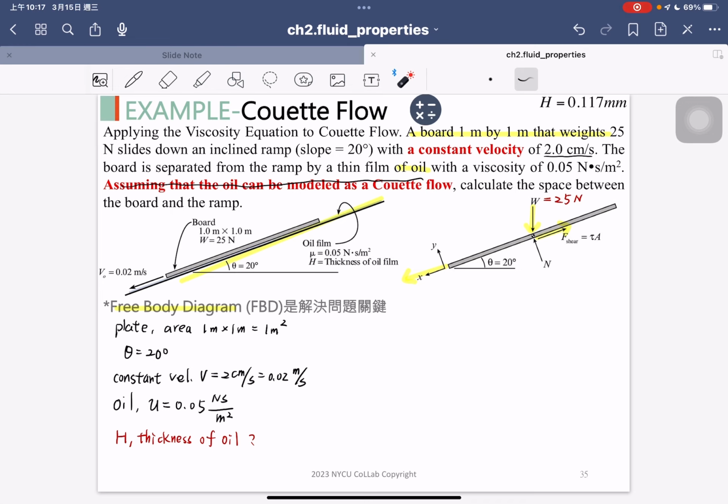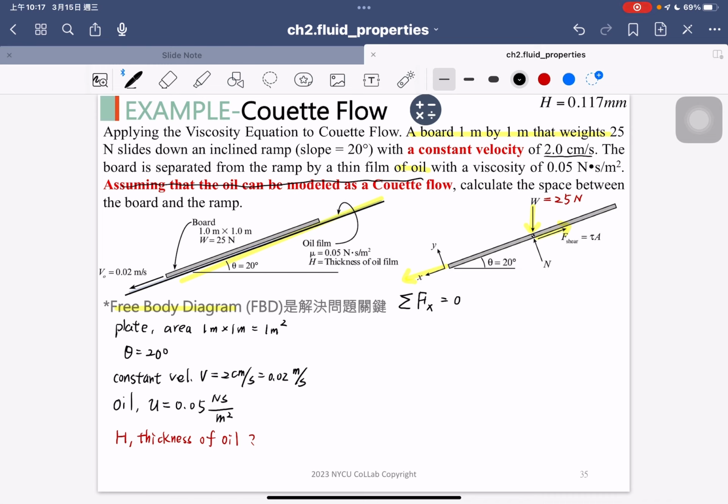That indicates that the sum of external forces along the x direction is equal to 0. Newton's law tells us this. Okay, so we can write down the balance equation: the sum of the forces along the x direction equals 0.